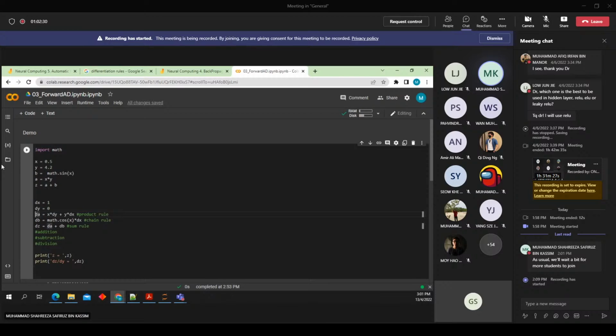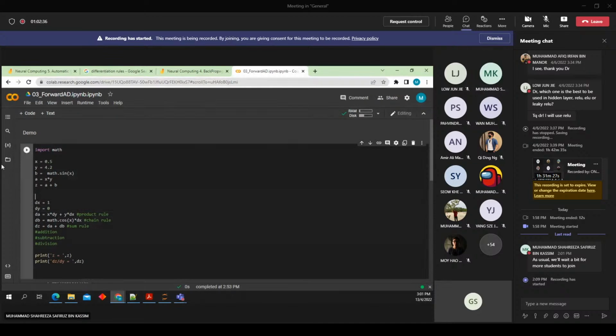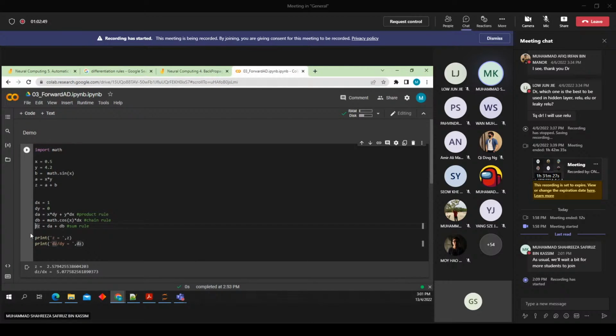But in that sense, you have to do this. The order of the computation remains unchanged. Dz has to be at the end.